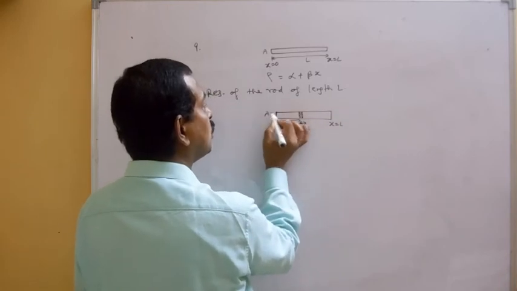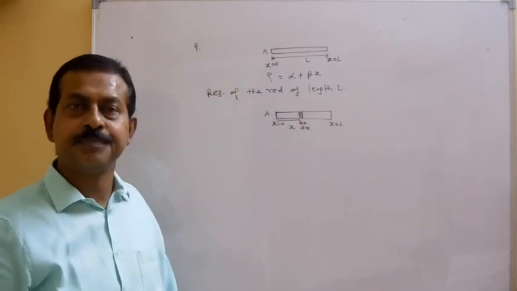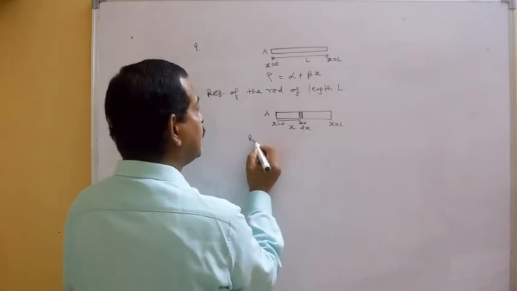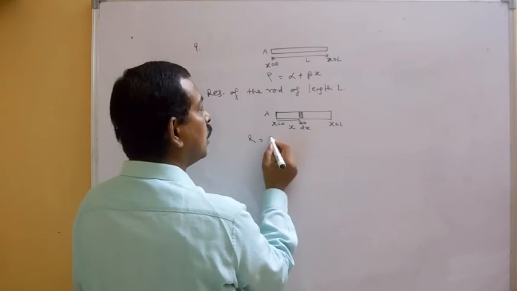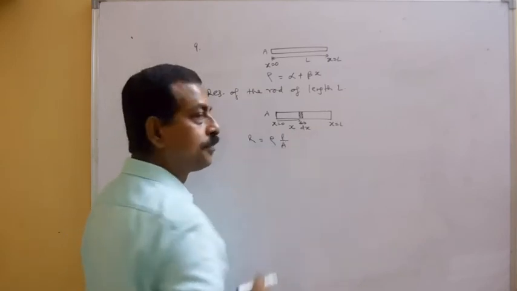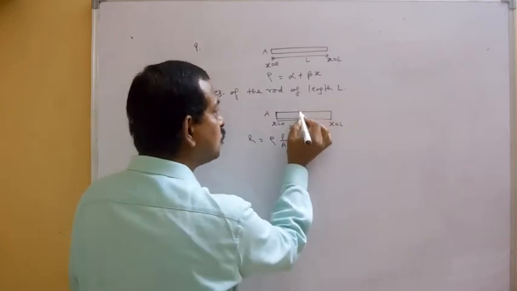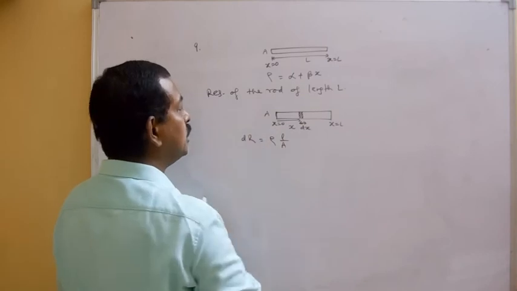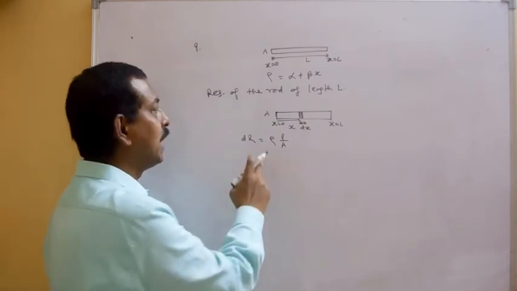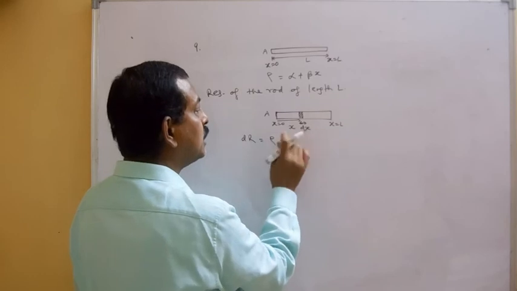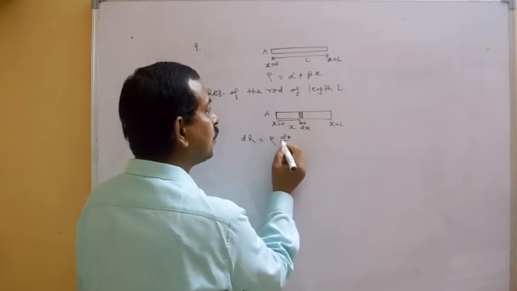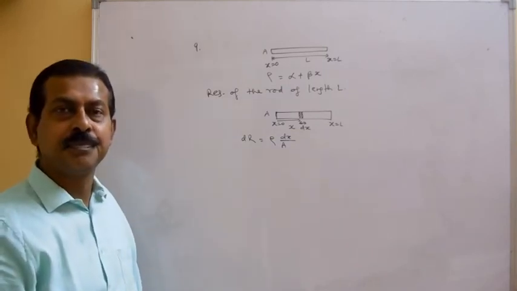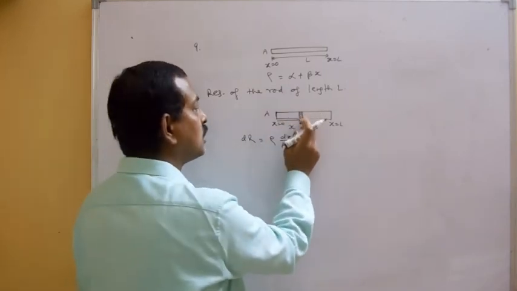Area of cross section we have assumed is A. So we know that R is rho L by A. So the resistance of this elementary section, which I write as dR, will be equal to rho dx by A, where A is the area of cross section. So this is the resistance of this elementary section.